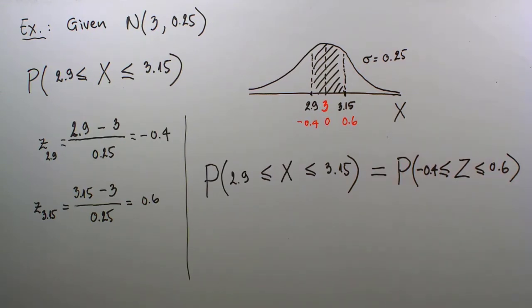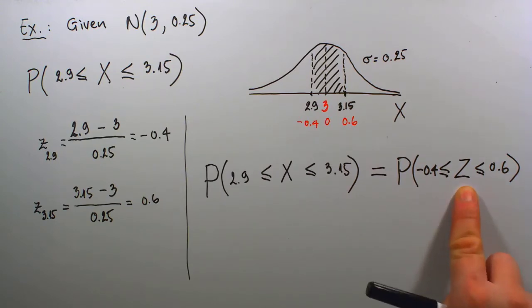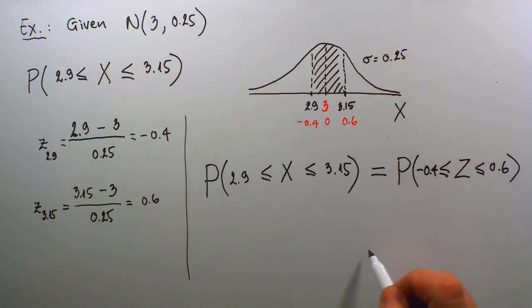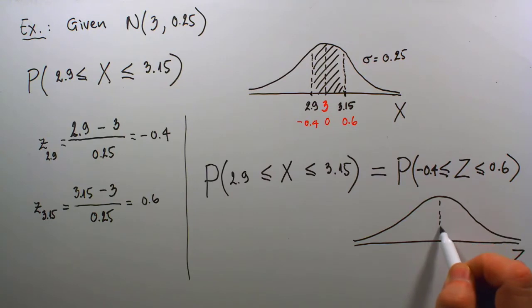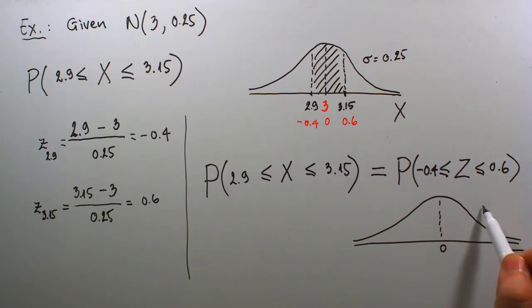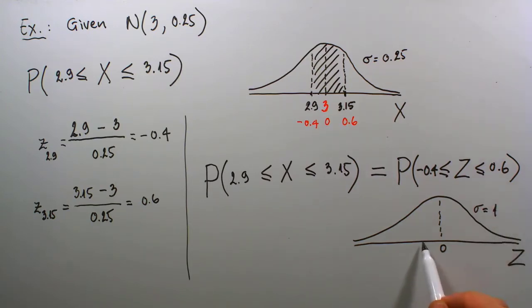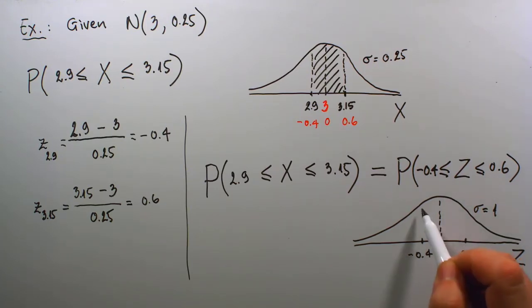So now imagine that we are on the standard normal distribution, and we can feel free to draw it, where the random variable now is z, the center of the bell curve is 0, and sigma equals 1. Negative 0.4 is somewhere to the left, and positive 0.6 is somewhere to the right hand side.